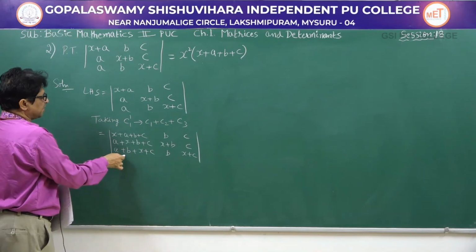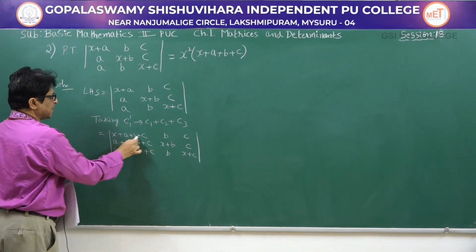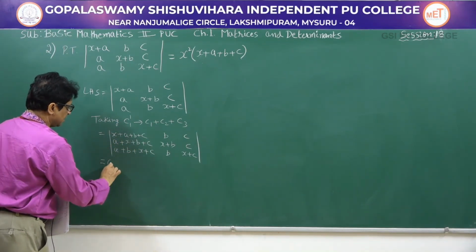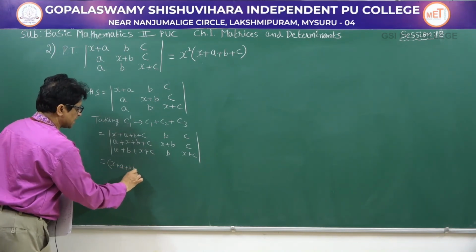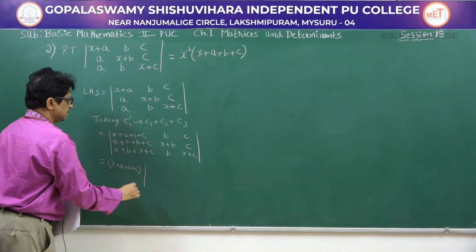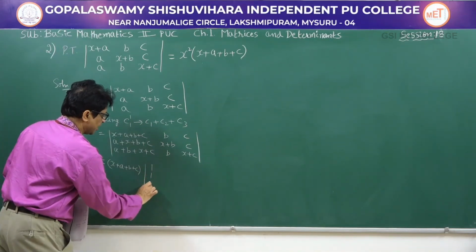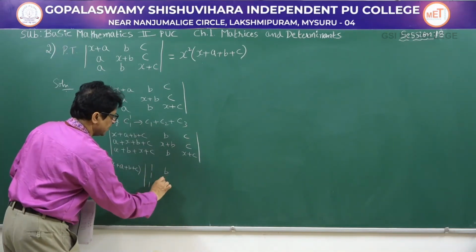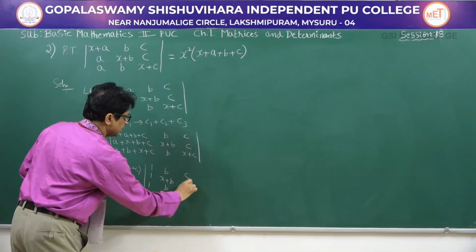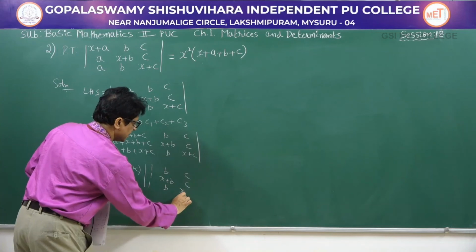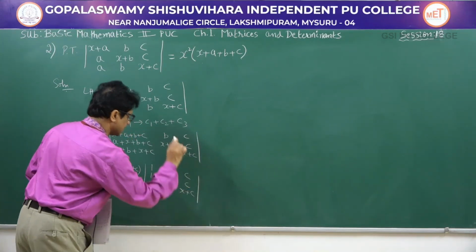If we observe in the first column, x plus a plus b plus c is common. So you can take x plus a plus b plus c outside, then we will get 1, 1, 1, b, x plus b, b, c, c, x plus c.